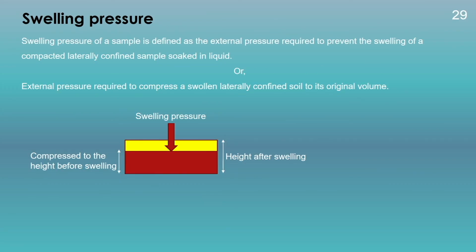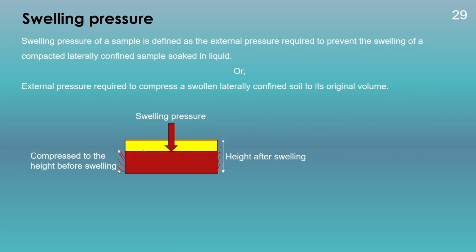Next, I will discuss the swelling pressure. The swelling pressure, as we already know, is the pressure required to prevent the volume change of an expansive soil. Say for example, in this case we will take an expansive soil and we will restrain it in the lateral direction, that means we will not allow it to change its diameter. Then we will allow this soil to absorb moisture.